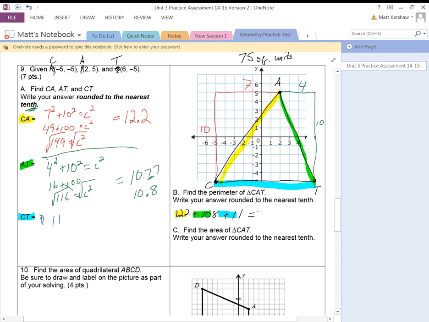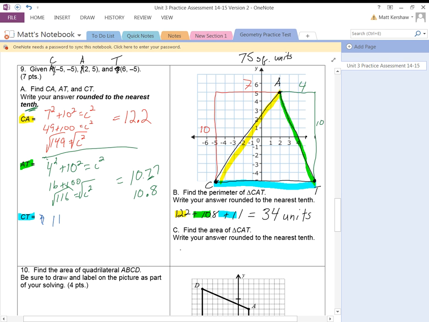Work that out. And that gives us a perimeter of 34. Don't need to worry about rounding on this one. And since it's just perimeter, it's just units.